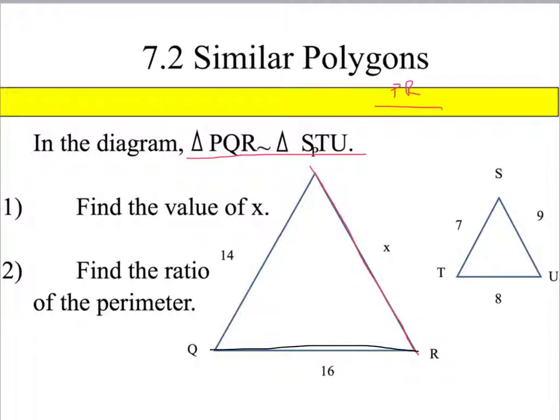So this side, that right side, over my base, over QR, and I'm going to set that equal to, again, the right side, which is SU, over TU.